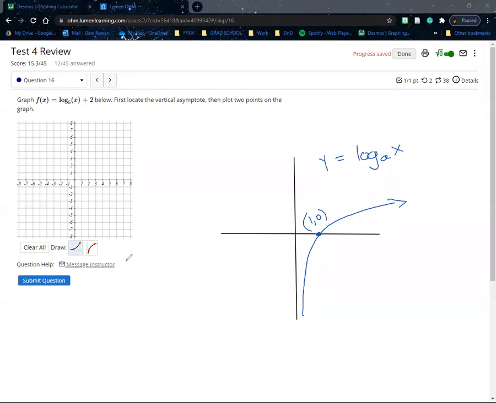I will say when you're doing this on here, the first thing it wants you to put down is the asymptote. So something to think about. What is the asymptote for the original logarithm?